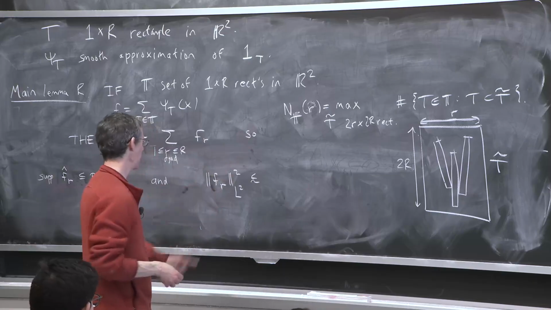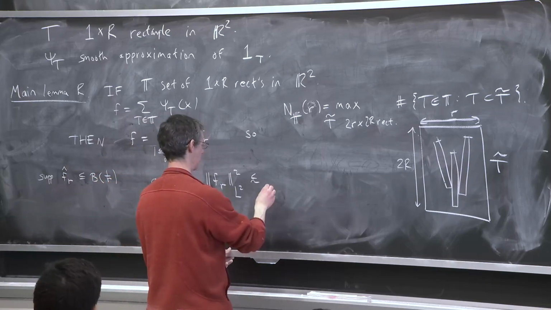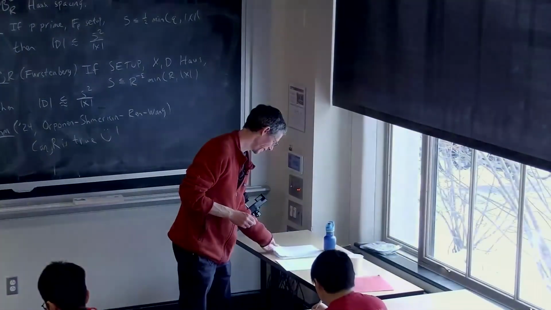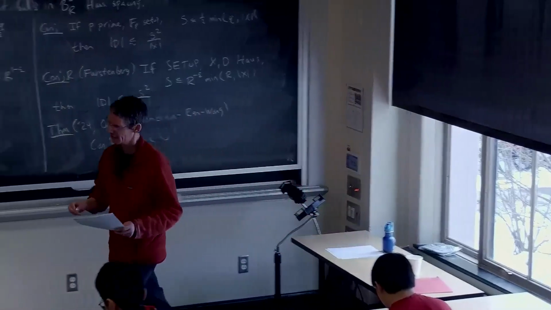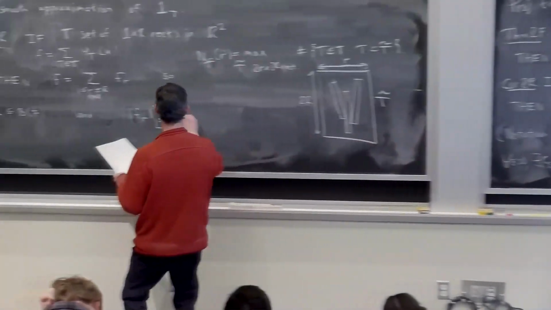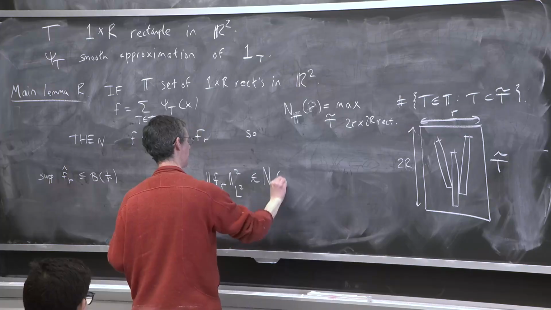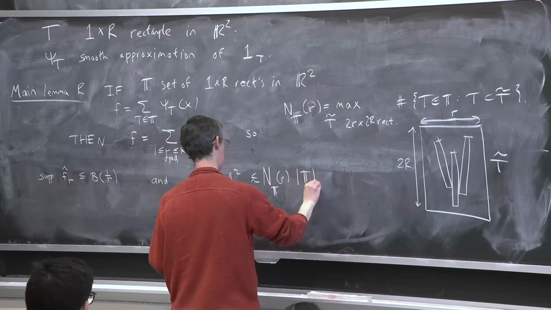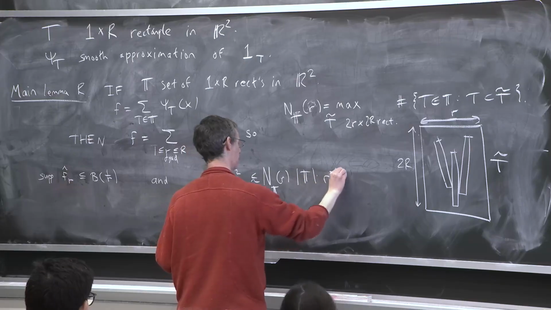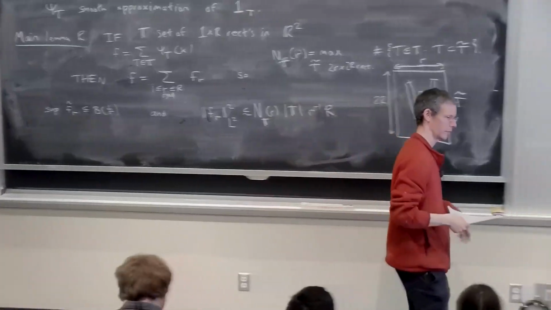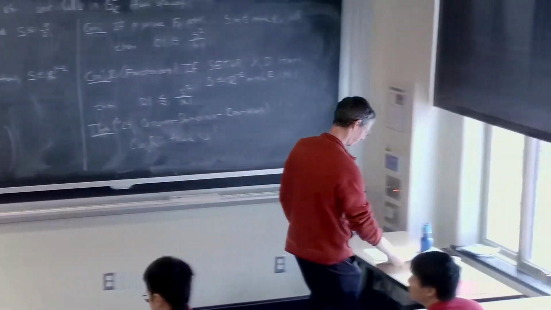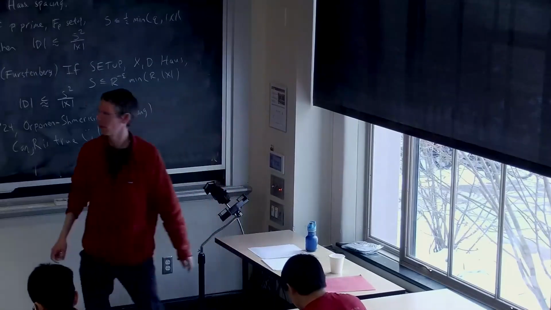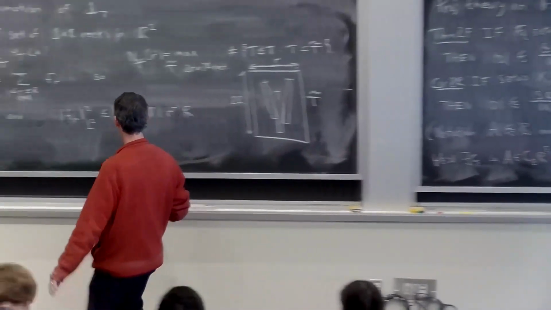OK, so the bound will depend on that, and the formula is n sub t of little r times the number of tubes times little r inverse times big O. You can see that I don't remember this formula that well.